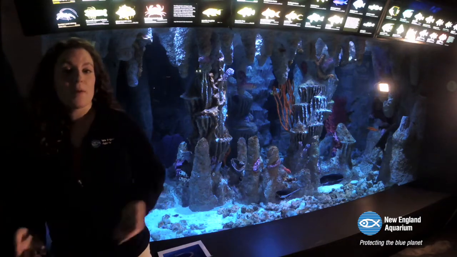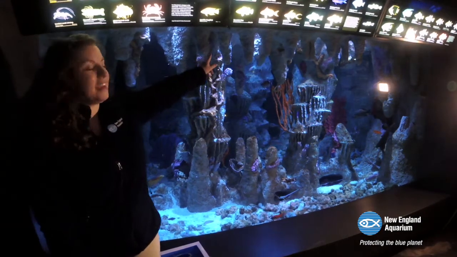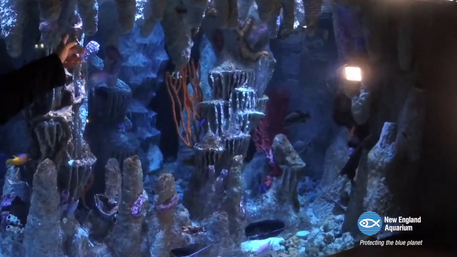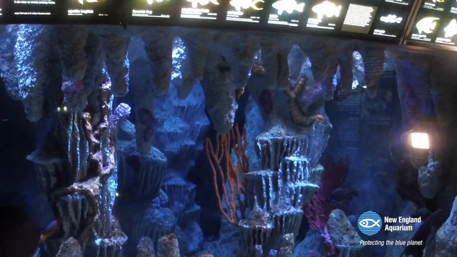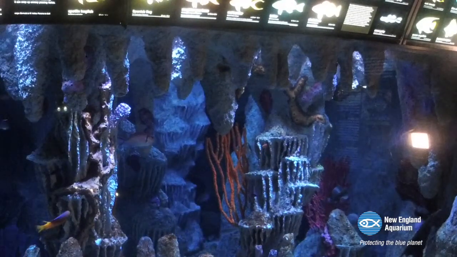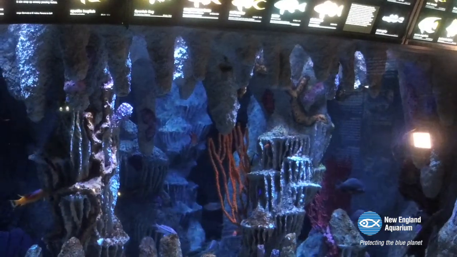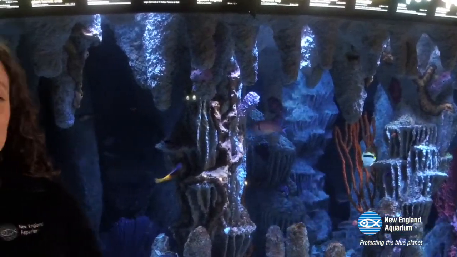And we actually know that blue holes were once above sea level because of what you're seeing at the top of this exhibit. So these are stalactites. And stalactites are formed in caves by water dripping through the ceiling of the cave. So they are mineral deposits from that dripping water. So if the water was dripping, at one point it was above sea level.